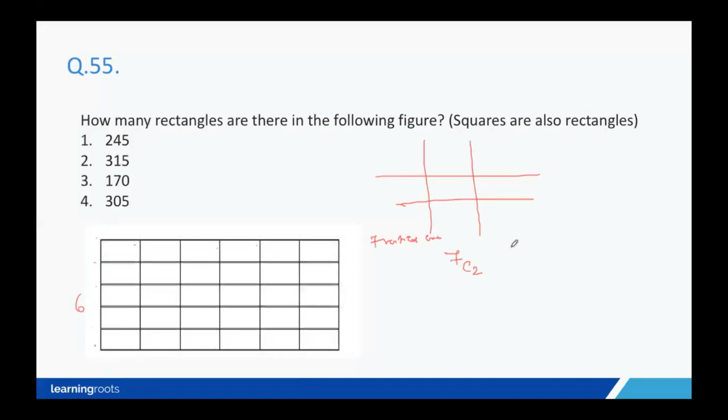So I can pick that in 6C2 ways. Of course, I'm doing both at the same time, so this will be 7C2 into 6C2. If I solve for this, it is 15 into 21, which is 300 plus 15, which is 315. So 315 will be the answer for this.